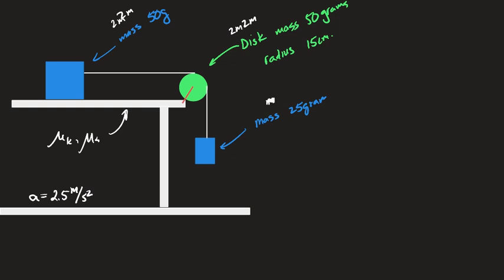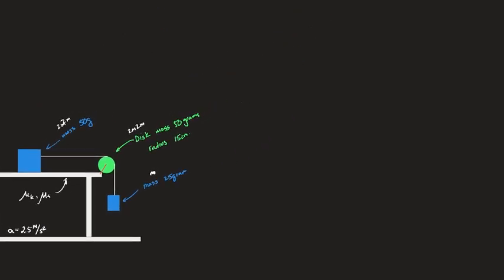Let's start with the relatively straightforward stuff, shall we? How about we start with the one on the table? That box is experiencing a single important force. I know it's experiencing more than that, but the only one that matters is the tension to the right, which I'm going to label T1. Is that okay?